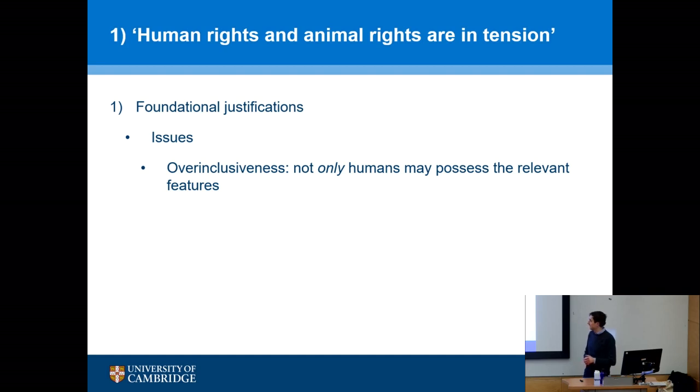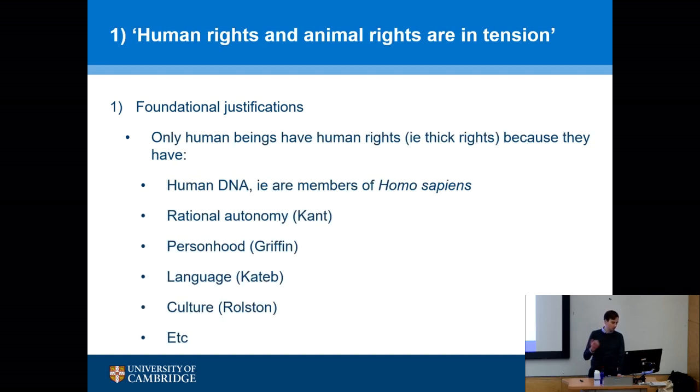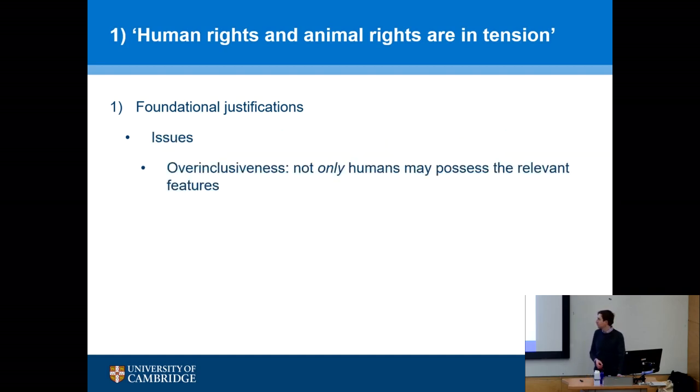You might say that, yes, perhaps Kant was right in saying that humans have rational autonomy. Or, as we saw here, Rolston may have been right that humans have culture. The problem is, there may be other animals out there that also have that feature. So even if all humans have it, some animals may have it too.